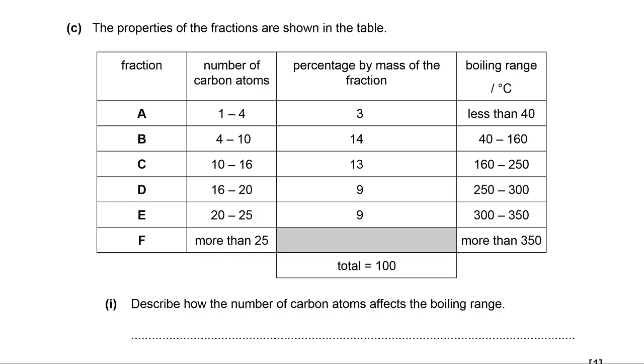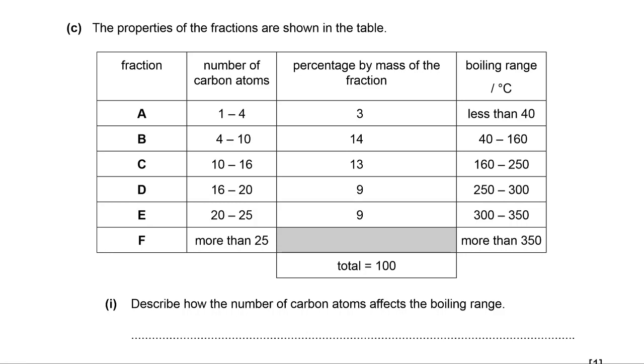In this question C, the properties of the fractions are shown in the table. Number of carbon 1 to 4, percentage by mass. Describe how the number of carbon atoms affects the boiling point.